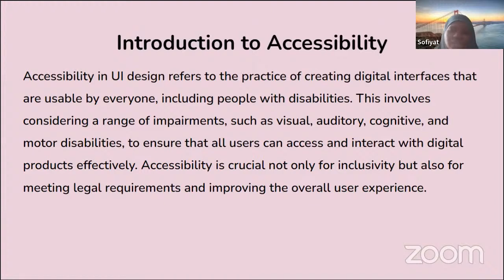That's why I said there are different things inside accessibility. It involves considering the range of impairments such as visual, auditory, cognitive, and motor disability. It ensures that all people have access to it and are able to interact with your product.